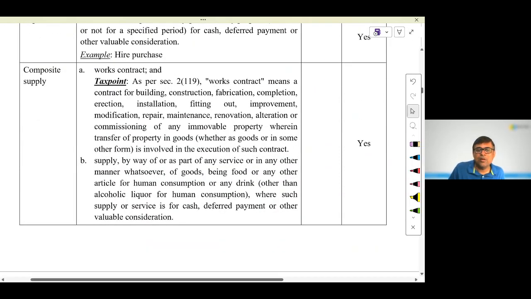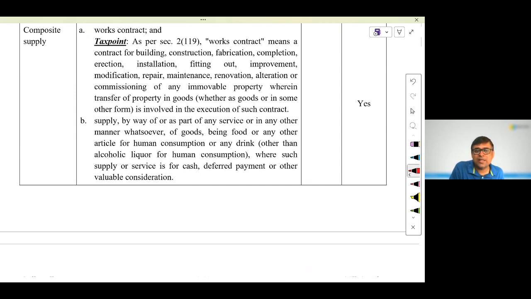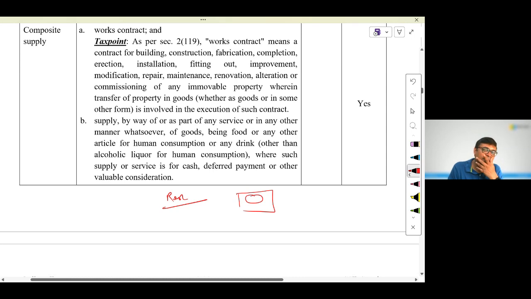Say you visit a restaurant, you order some dosa, and a waiter serves you a dosa with chutney and sambar.